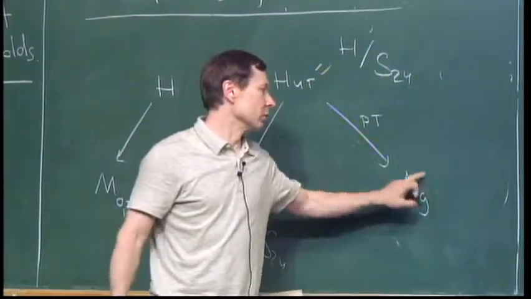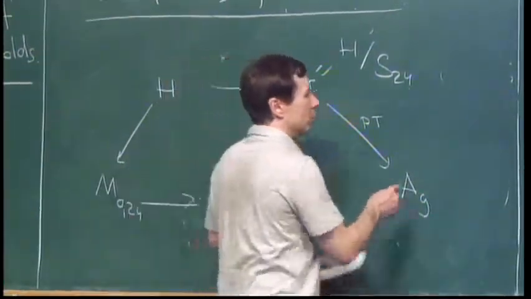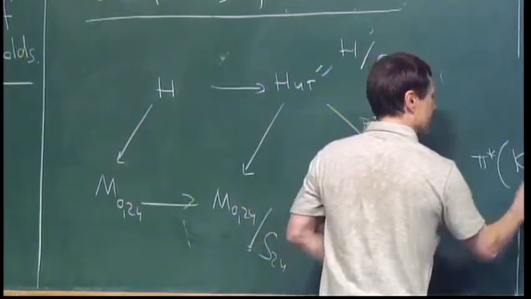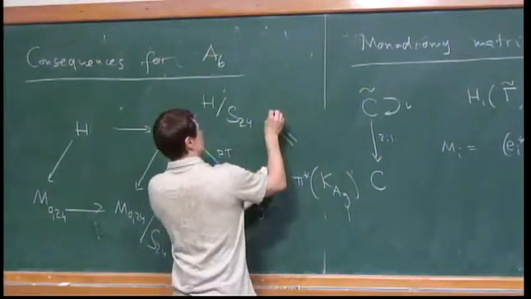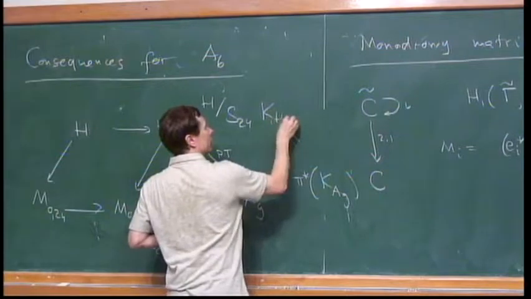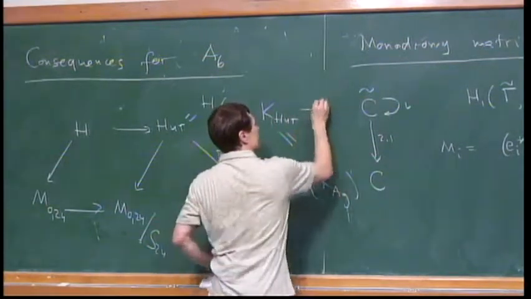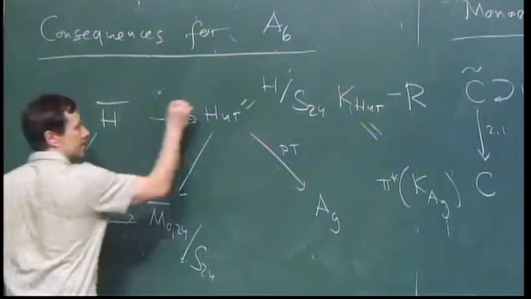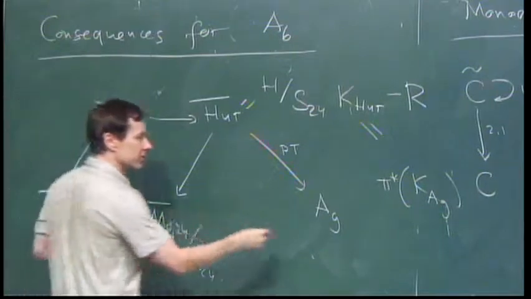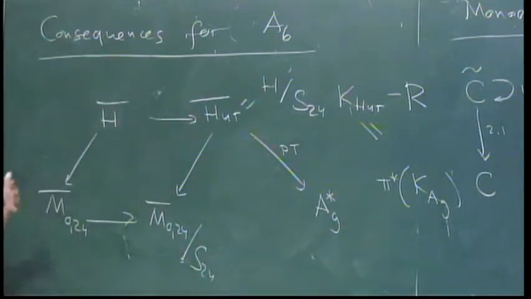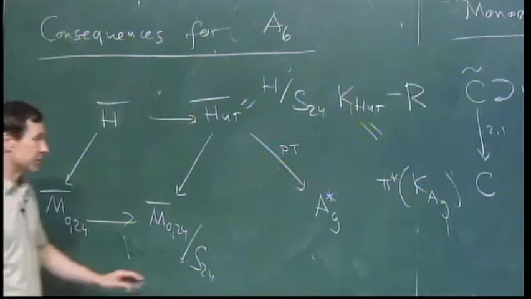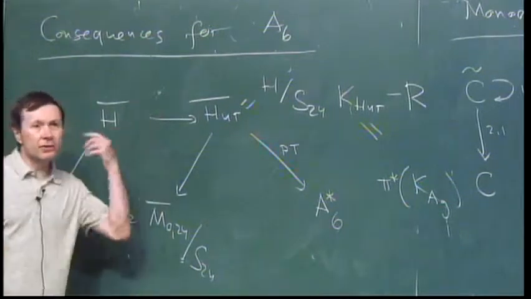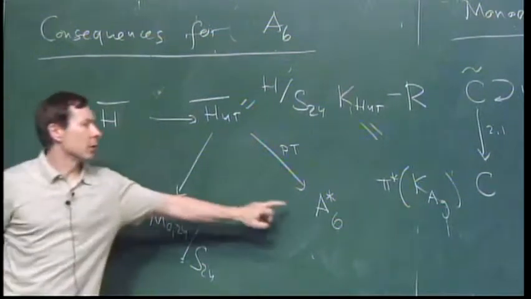And you want to conclude something about the canonical class of this A6. So, of course, you can pull back this canonical class, and it will be the same as canonical class of Hurwitz minus the ramification divisor. And then you can go to compactifications. And here, as before, really it's sufficient to work over this partial compactification of A6. Right. So this gives, in principle, a handle on this.